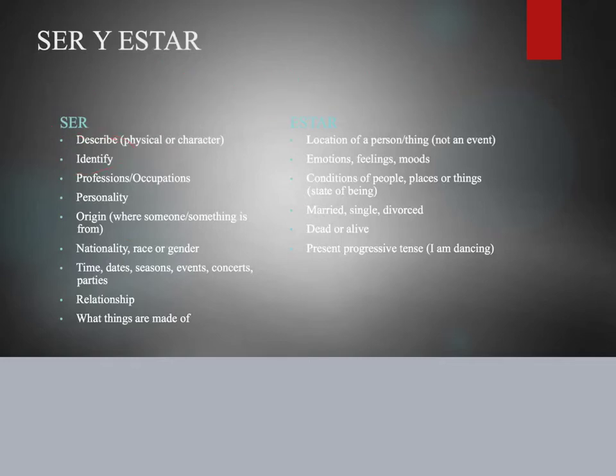We also use ser to describe our professions or occupations that we are the majority of the time. So not something that we maybe do on the side or that we are right now because we can't find a job. It's our occupation, how we identify ourselves. That's the key word here, how we identify ourselves. So if I want to say yo soy una profesora, I use the verb ser.